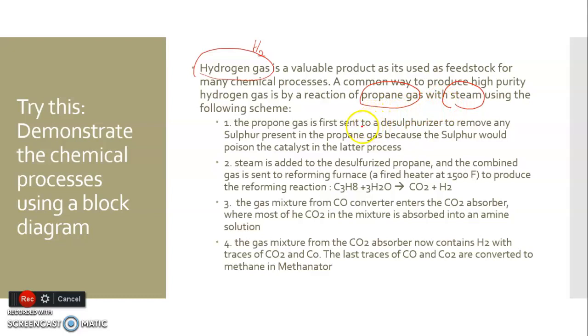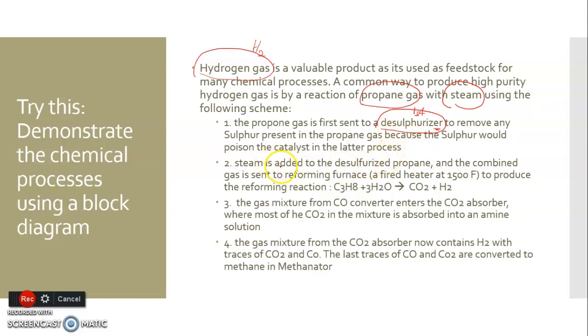First, the propane gas is sent to a desulfurizer. Okay, so this is our first block, to remove any sulfur present in the propane gas because the sulfur would poison the catalyst in the latter process.